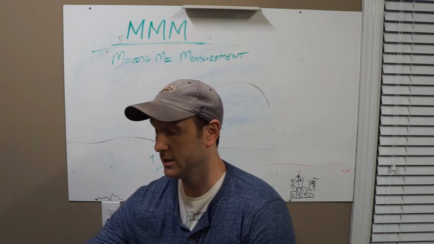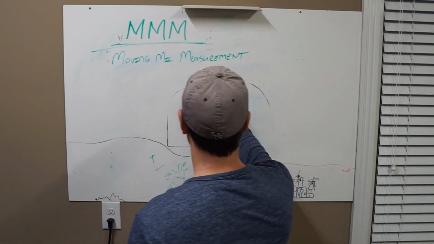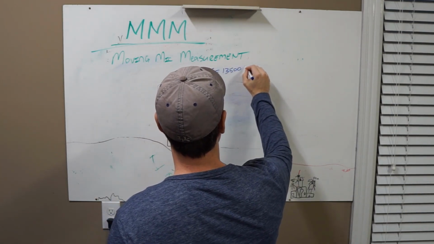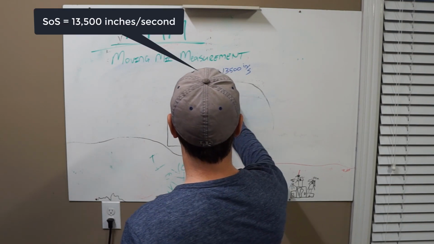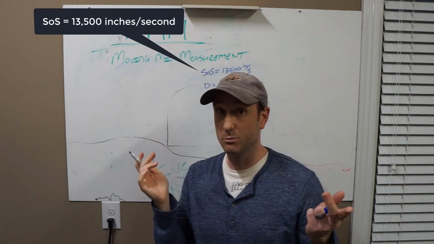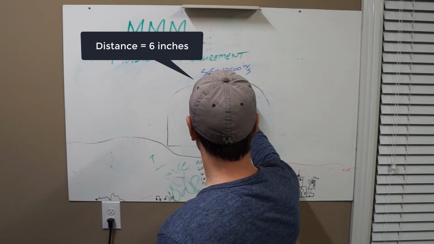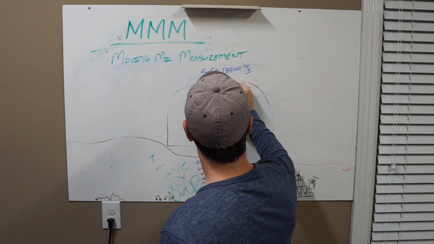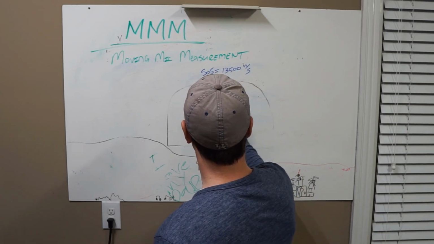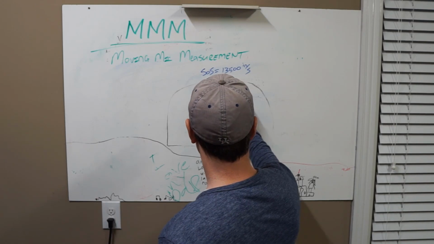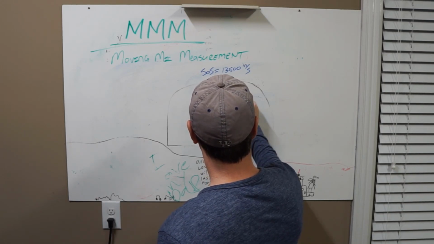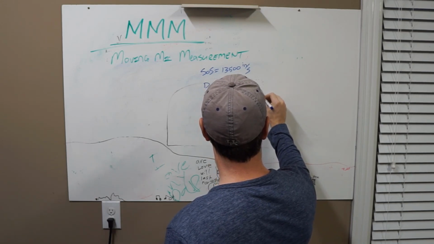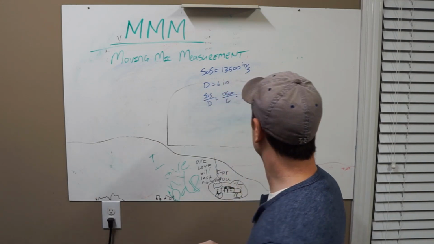And what I mean by that is, if you take speed of sound, which is 13,500 inches per second, not hertz, and then you take a distance, let's say ear to ear, that's about 6 inches on most people, at least, unless you're like an alien or something, or Sloth maybe from The Goonies, and you were to take then that distance into speed of sound, you would come out with about 2.25 kilohertz.